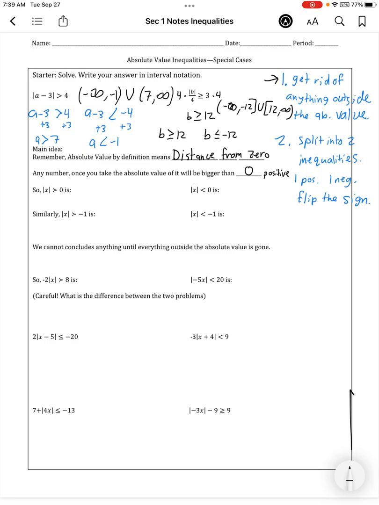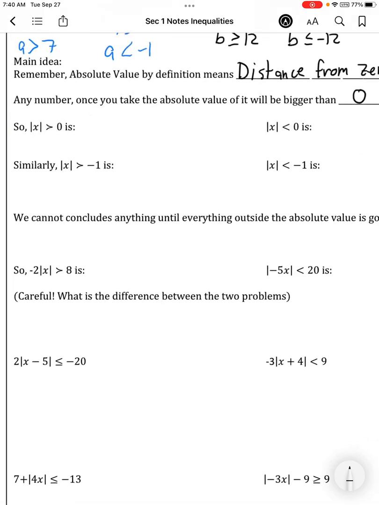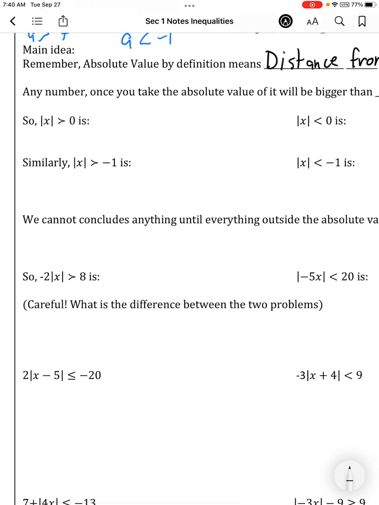So any real number is going to be bigger than 0 once you take the absolute value. We have a fancy symbol for any real number. It looks like so. Once you take the absolute value of it, it's going to be bigger than 0, guaranteed.